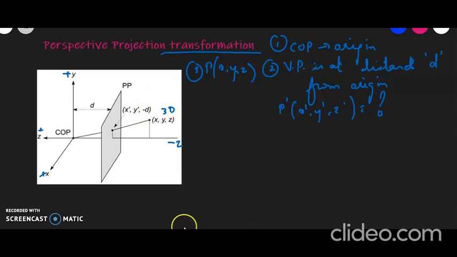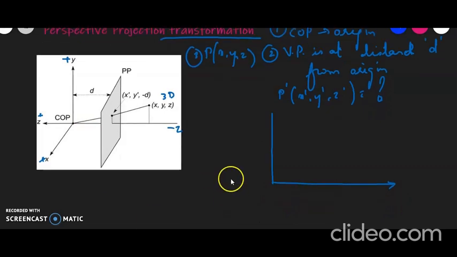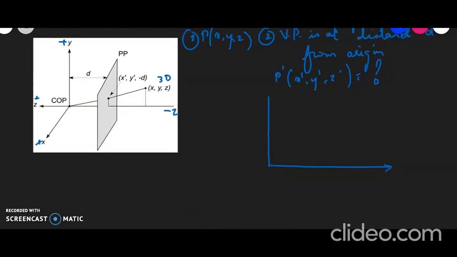Now, if you find difficulty in understanding this diagram, I will give you another diagram wherein possibly you will be able to understand how we have got this. So this is x, y, and z, students, right? And this is my negative z, so this is minus z. So my view plane is on minus z, right?